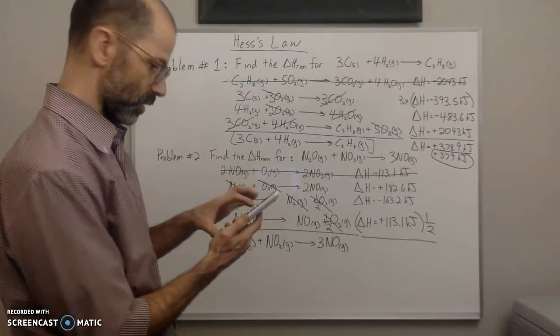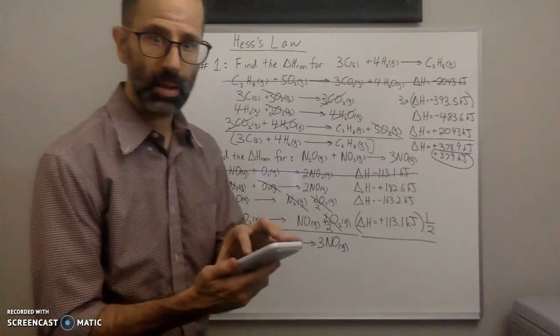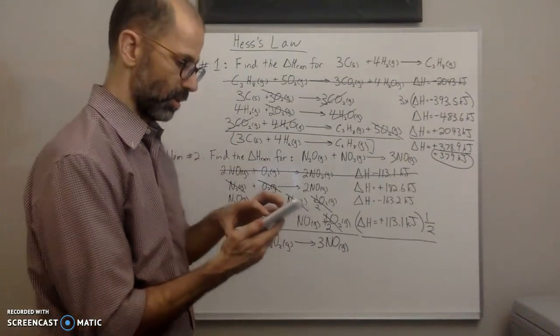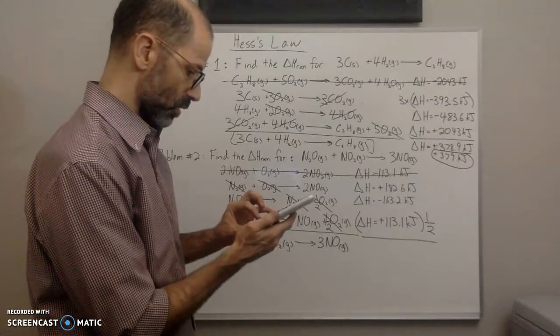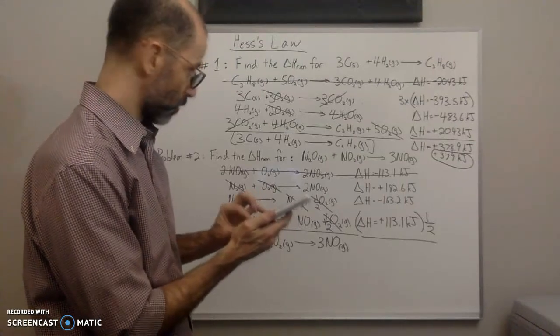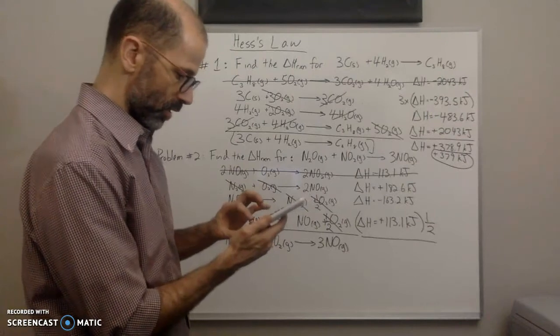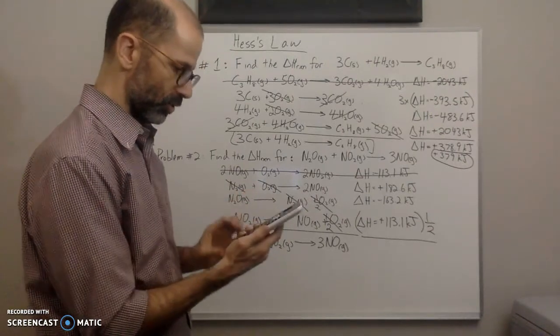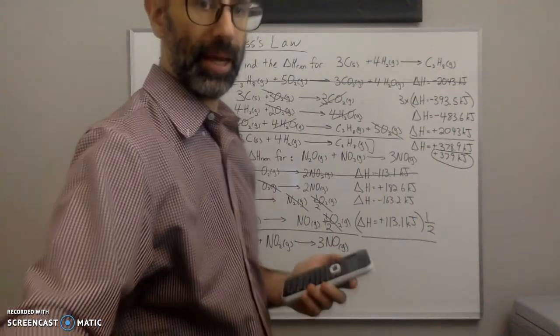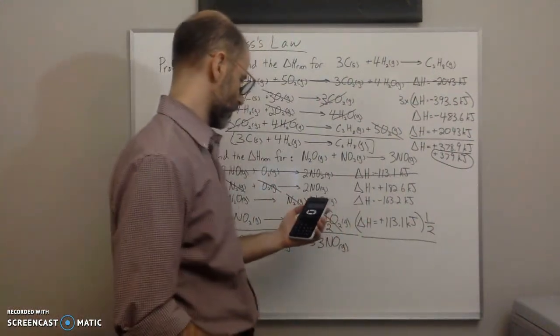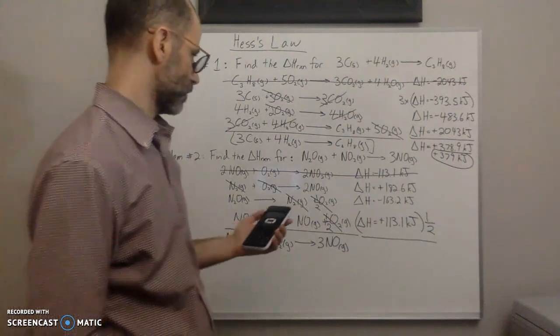Hold on a second. Times 113.1 divided by 2 equals, and I get 9,046.36 joules.